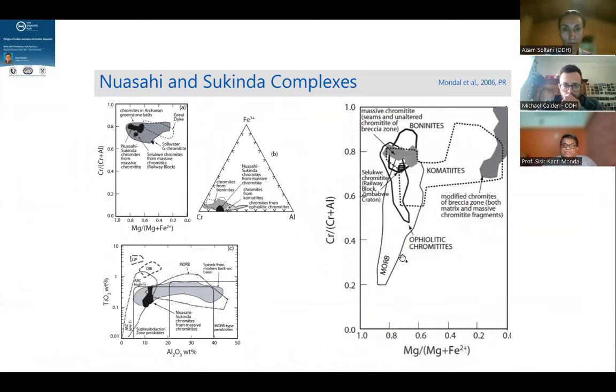And this one is another similar kind of plot. We have chromite compositions which are coming from komatiites, chromite compositions which are coming from boninites and mid-ocean ridge basalt, and we have ophiolitic chromitites here, and our Nuasahi and Sukinda, along with Selukwe chromites, are showing a resemblance with the chromites from the boninitic magma.